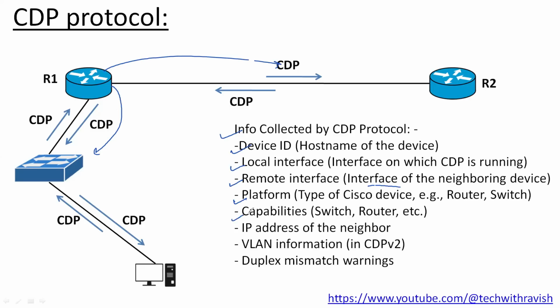The capability, whether it is a switch, router, or whatever, and the IP address of the neighbor are also collected. In version 2 of CDP, VLAN information, such as the native VLAN, can also be there. A duplex mismatch warning can also be forwarded in version 2 of CDP.